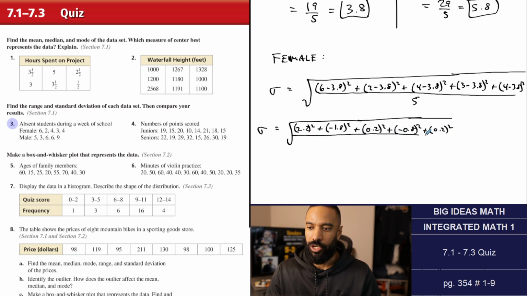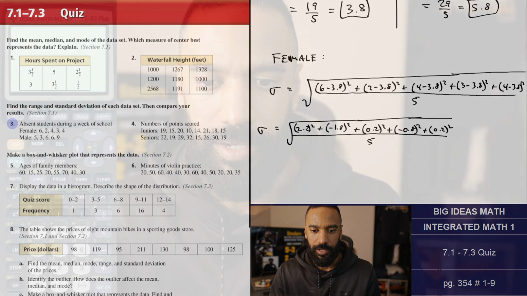Now, a lot of this I could and probably should just do in the calculator. I have to add them up anyway, so I probably will. I'll try to do it all in one step, order of operations wise. So I'm going to start with the square root. In my numerator, I'm squaring 2.2. It doesn't matter if the numbers were positive or negative.